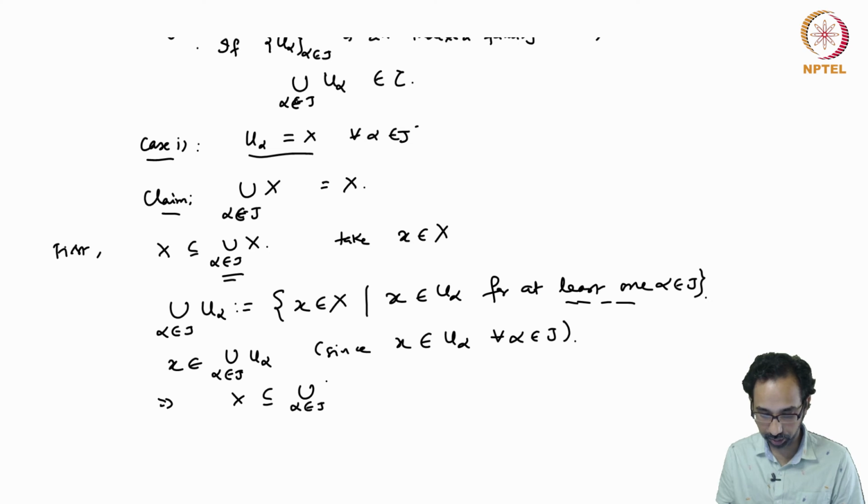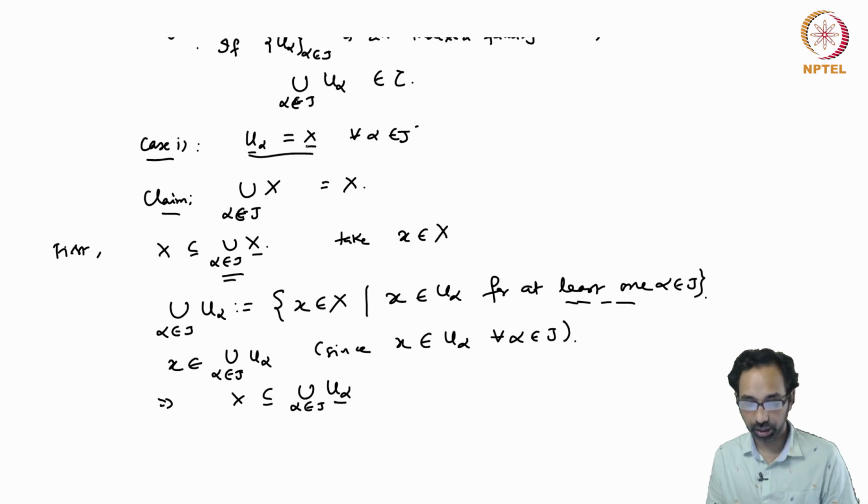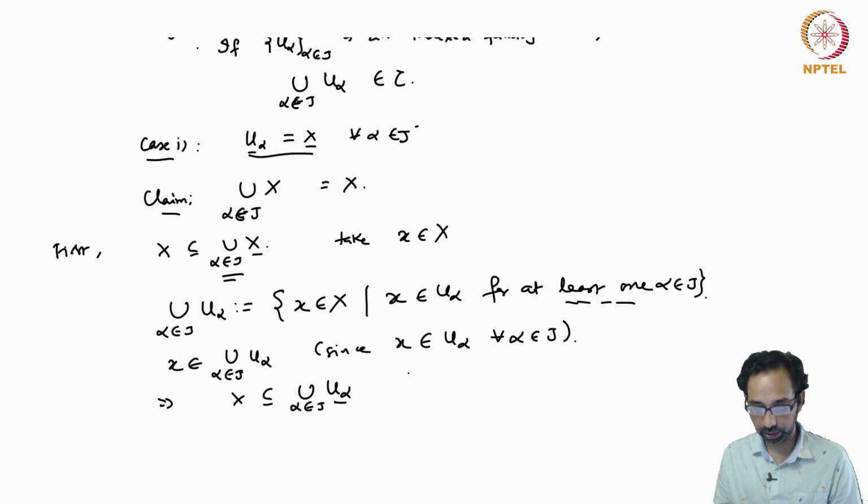I'm writing sometimes the union over alpha belonging to J of U alpha, and sometimes I'm writing X because I've supposed that U alpha equals X for all alpha, so these two things are actually equal. So we have shown that X is a subset of this set.